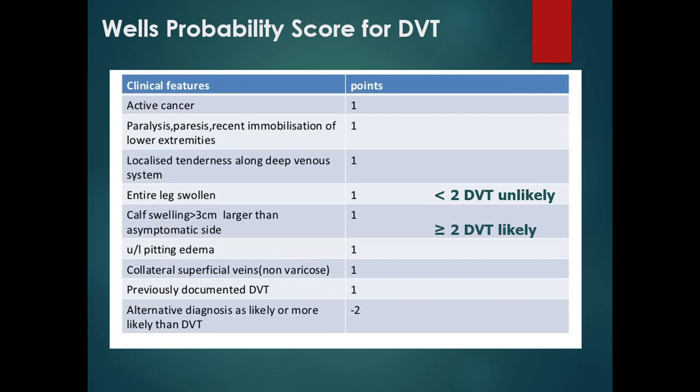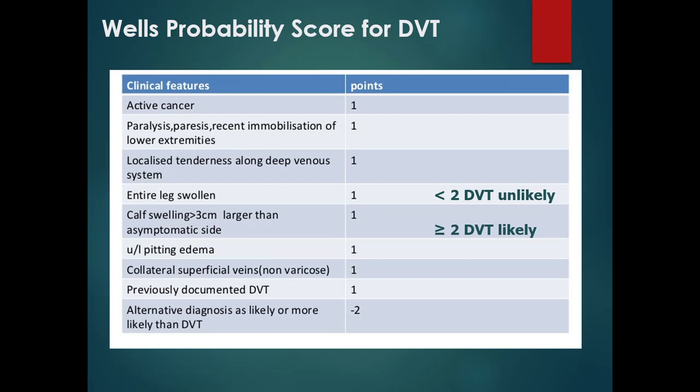One of them is very well known as the Wells probability score for DVT. If you look at the score, if you have two or more of these findings, then there is a likelihood that you have DVT, but if it's less than 2, it makes it unlikely. Looking at it: active malignancy, paralysis, paresis, recent immobilization, the presence of localized tenderness along the deep venous system, entire leg swollen like our patient, calf swelling more than 3 centimeters larger than the asymptomatic side, our patient.